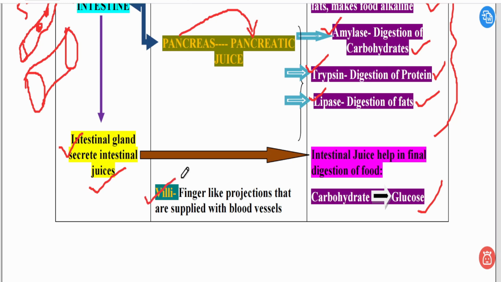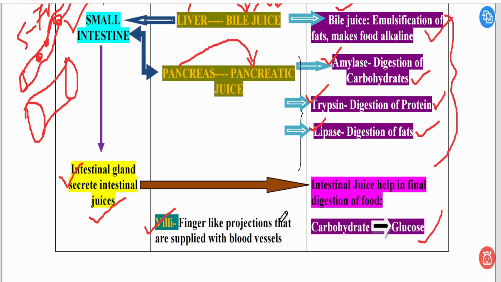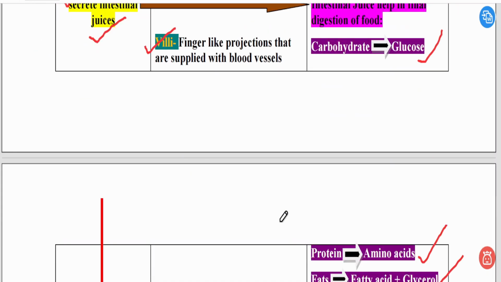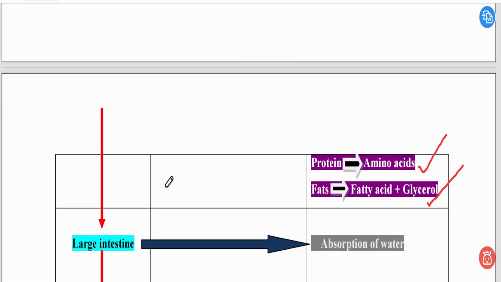Okay, villi are what? They are finger-like projections that are supplied with blood vessels. When we talk about villi, suppose this is the small intestine, and you can find villi on both side walls of the small intestine.